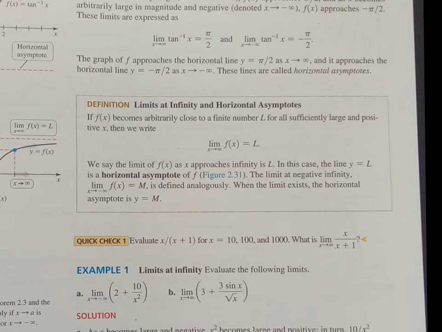So then this quick check is worth looking at. You don't have to, like they say, you can do the 10, the 100, or the 1,000. But as we go to infinity of x over x plus 1, what is that value approaching and why?